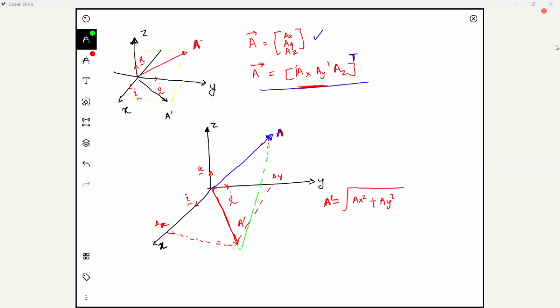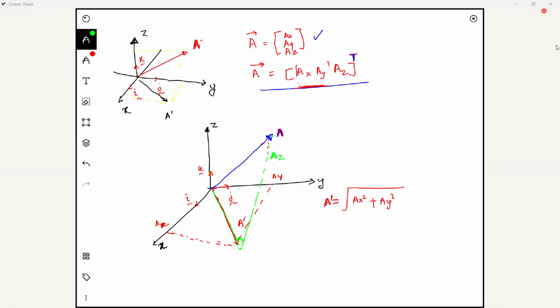You know that this is along the xy plane. So definitely, as this point is above the xy plane, this needs to be 90 degrees over here.